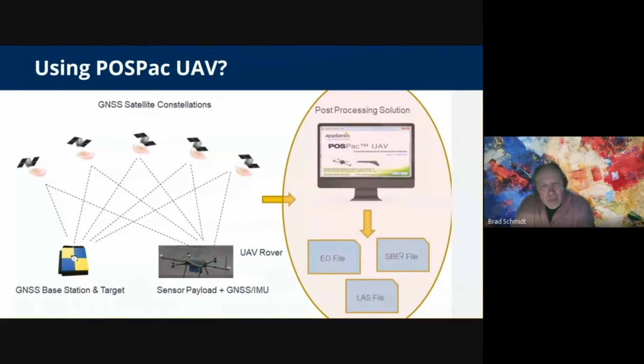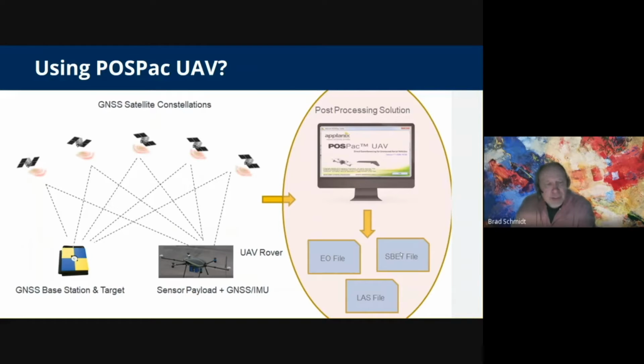And this is really where the POSPac software fits in. So this is the entire workflow represented on a single slide for you. So we have the UAV rover, which is out collecting data with the integrated GNSS IMU unit on the sensor payload. That works in conjunction with the GNSS satellite constellation, as well as, in this case, a single base station.